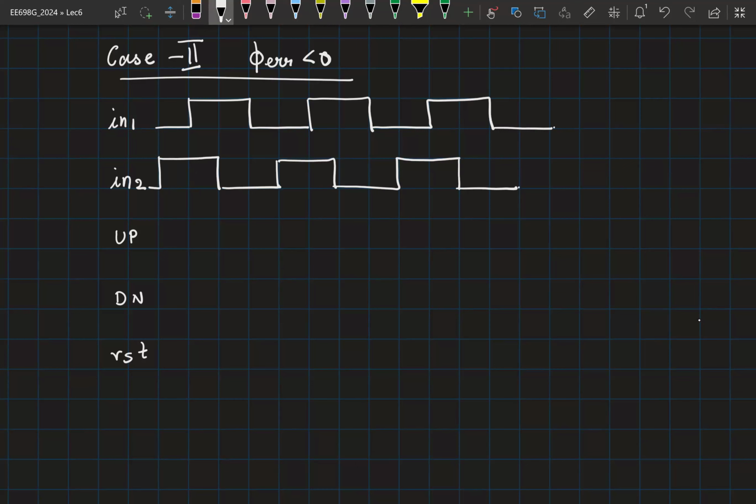So if you're finished, you can think about what the VPD average versus phase error curve will look like.